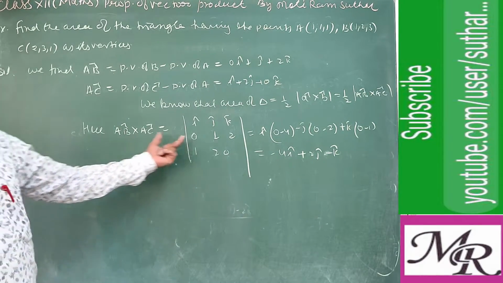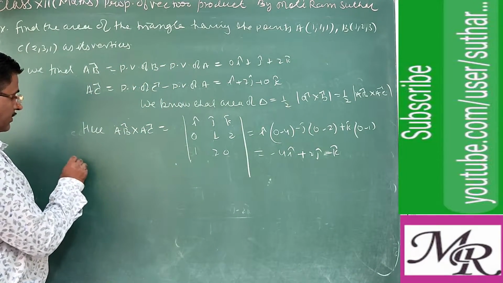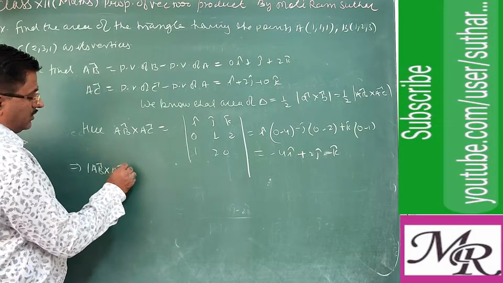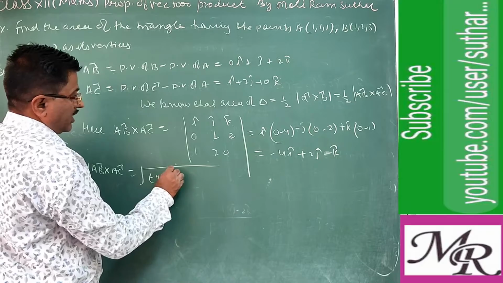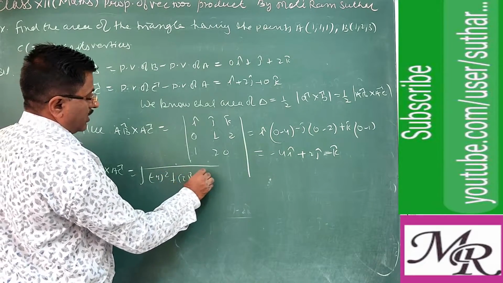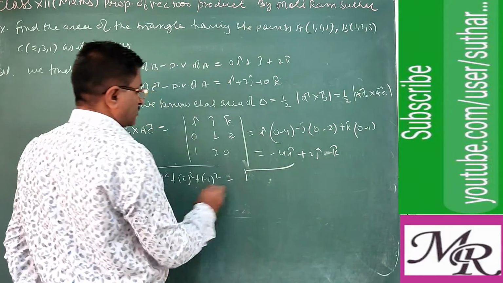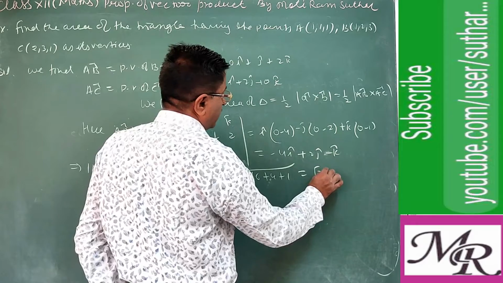Now we need the modulus of this. So modulus of AB cross AC is given by root of minus 4 square, 2 square and minus 1 square. Root of 16 plus 4 plus 1, that is root of 21.